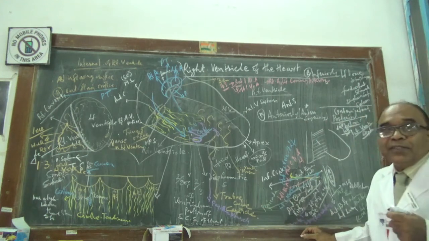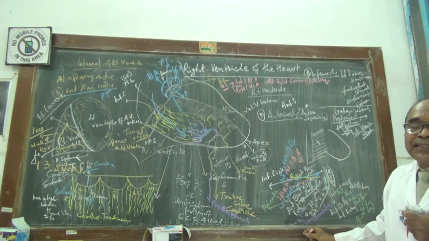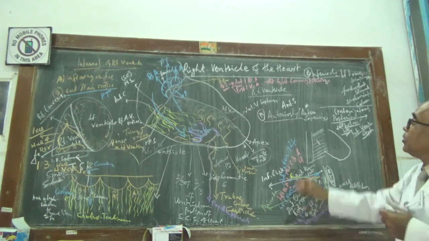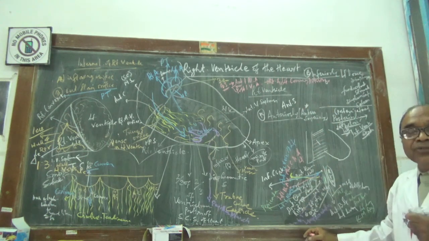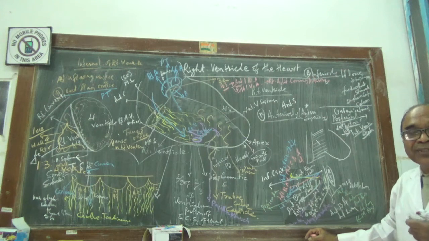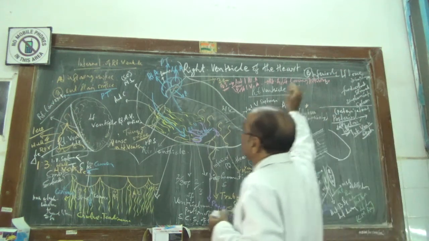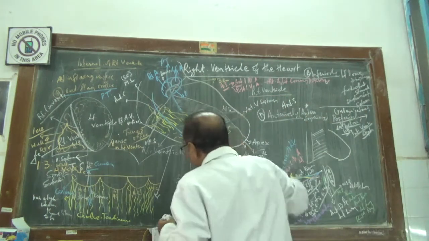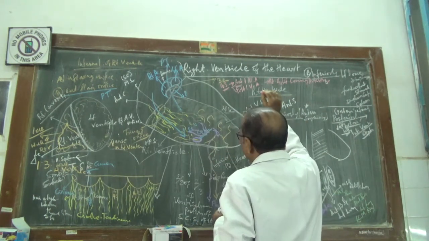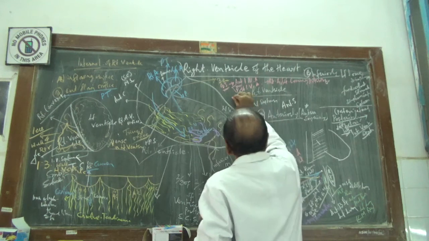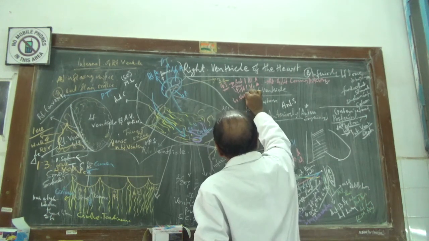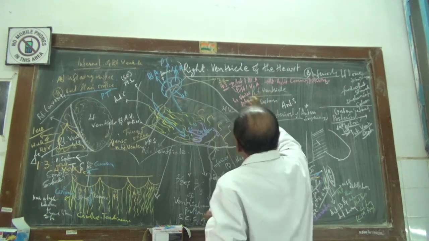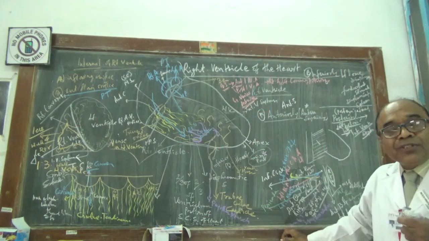Anterior interventricular artery, posterior interventricular artery, they are the branches of the right and the left coronary artery, which are the direct branch from the ascending aorta. So this is the blood supply by the ventricular arteries.